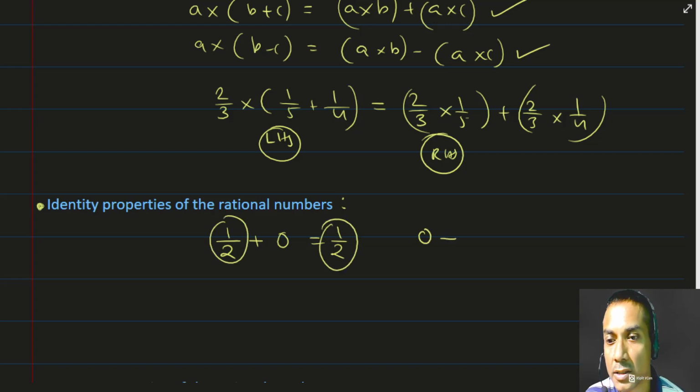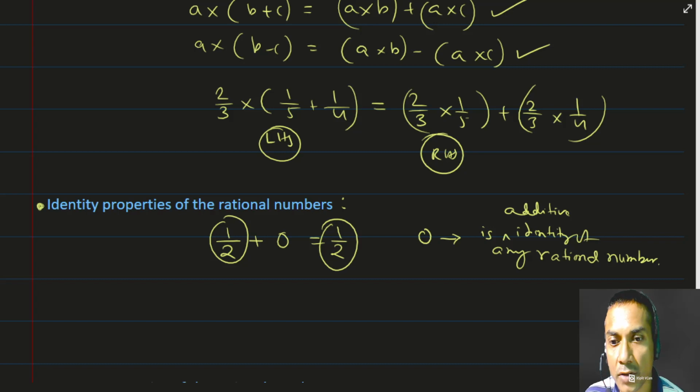So 0 is the additive identity of any rational number. Clear?